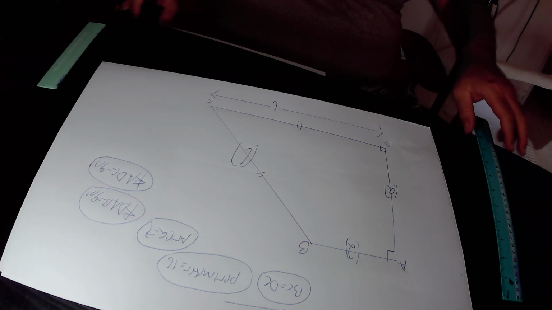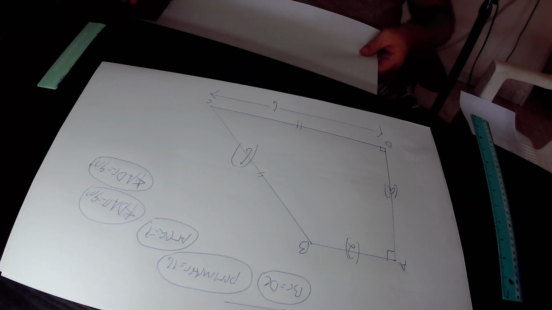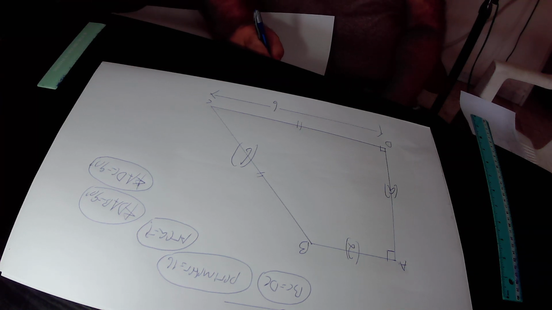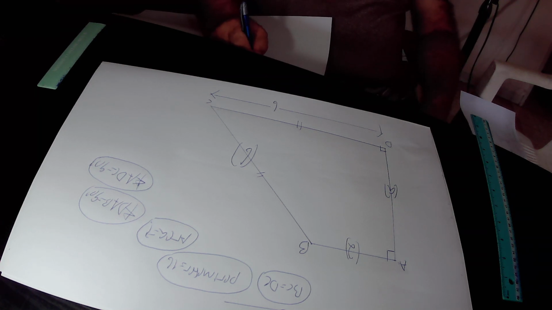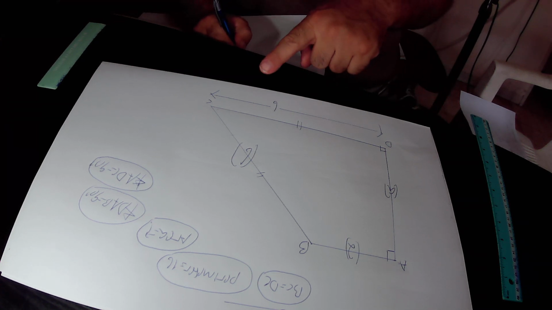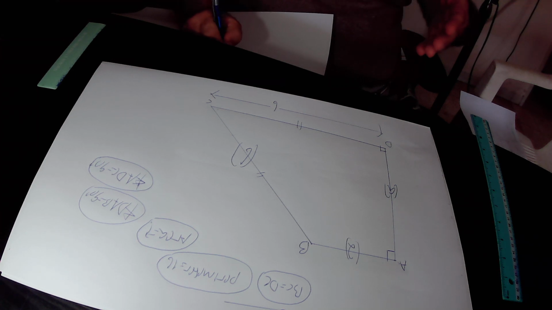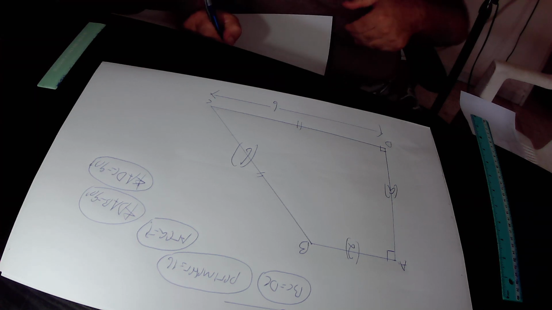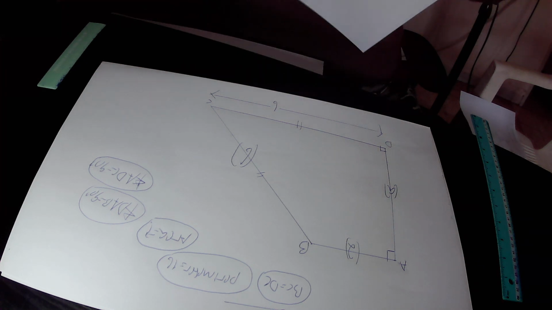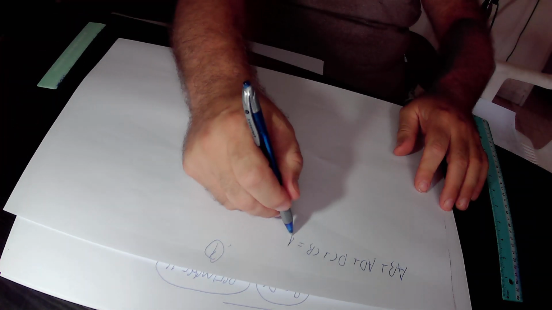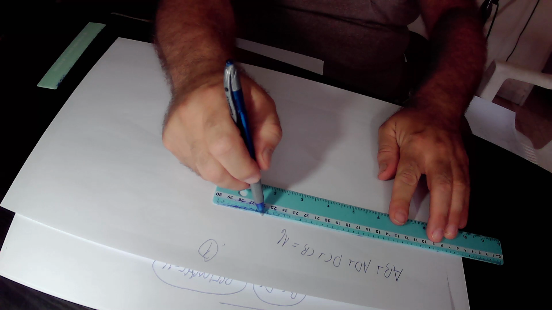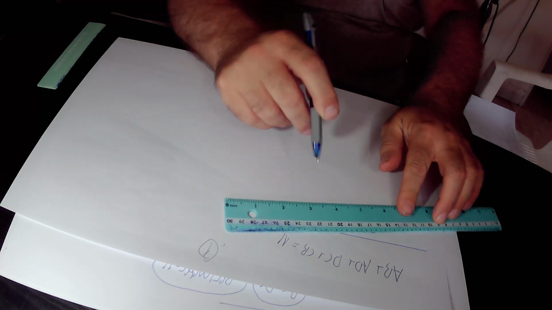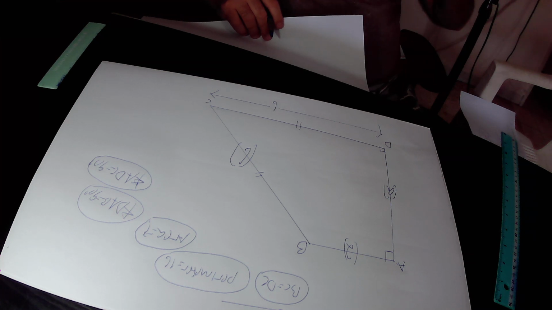So I'll write it down: AB plus AD plus DC plus CB equals 16 units. That is the perimeter of this trapezoid ABCD.